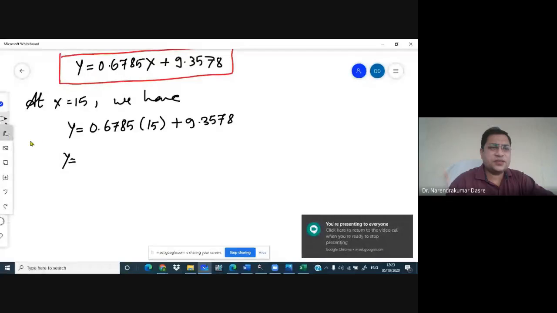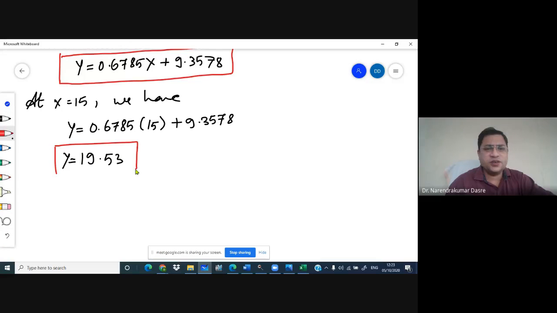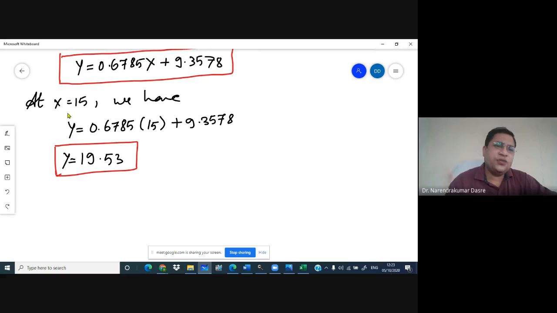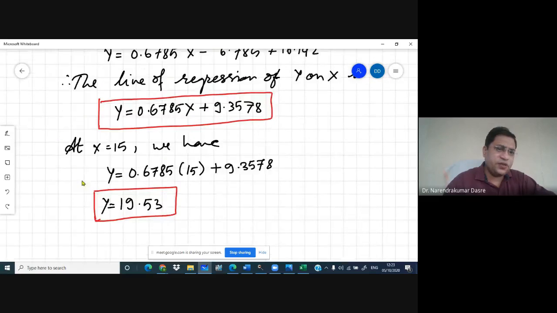I'll consider it the correct answer, so we'll accept it up to 2 digits. So here we get 19.53, which is correct up to 2 digits. So this is the value of y when x is equal to 15.